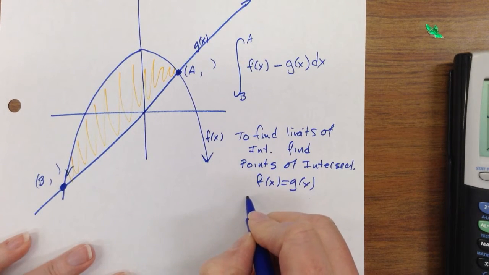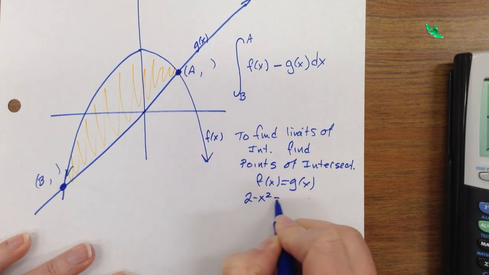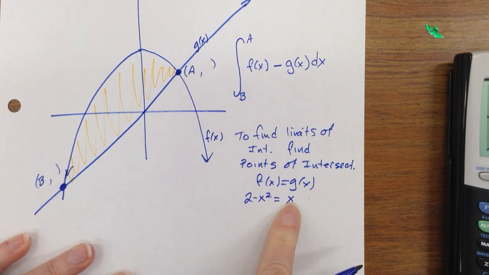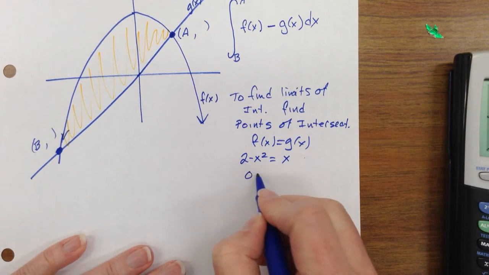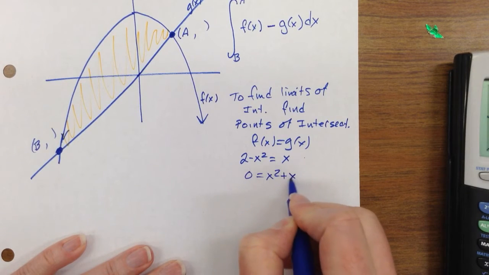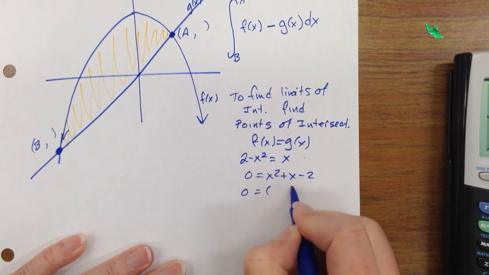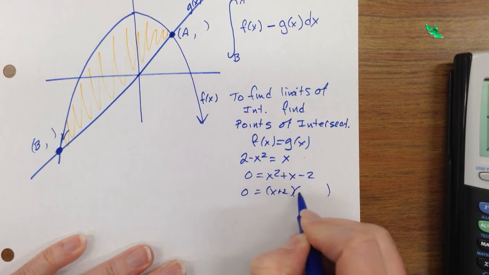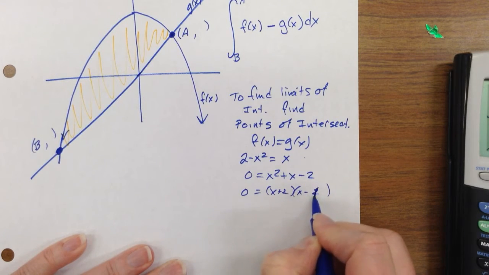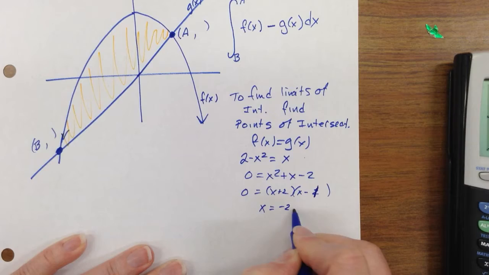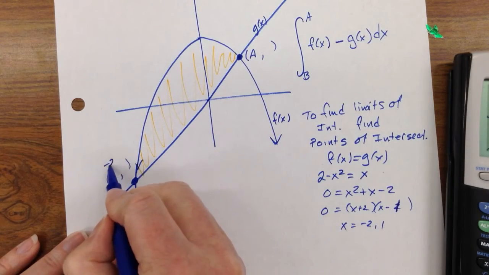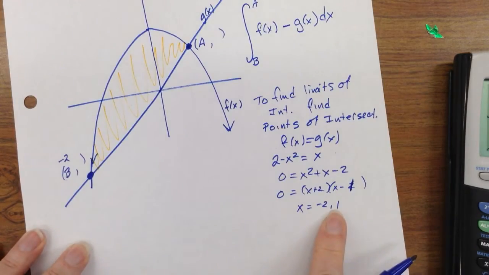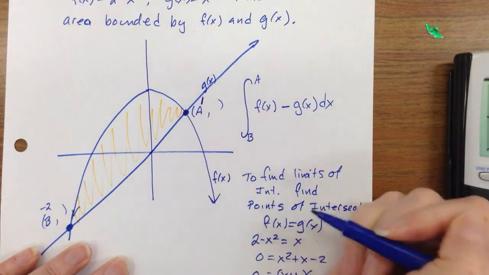All right, if we're doing this by hand, it is necessary to solve this equation. Yes, that's right, corn children, solving a quadratic. We factor, we solve. So as it turns out, b is -2 and a is 1.